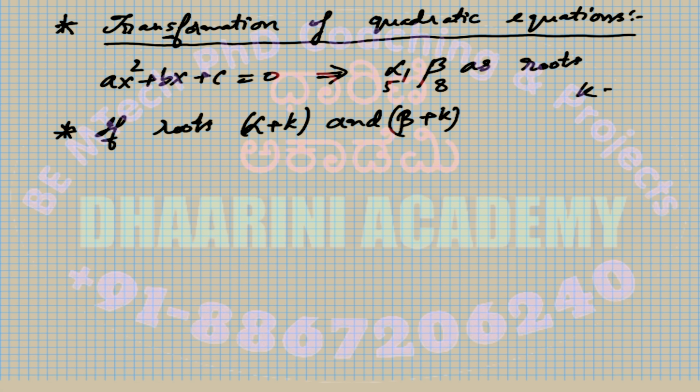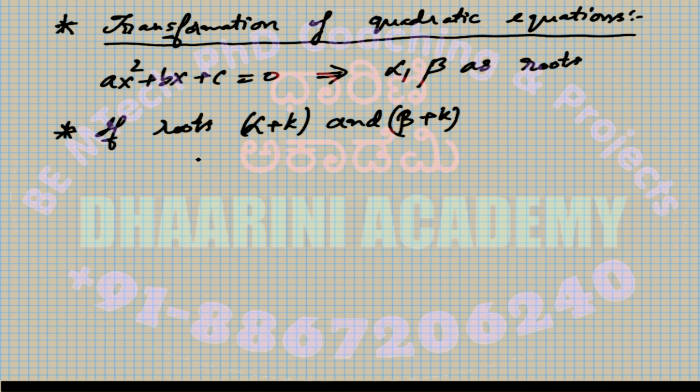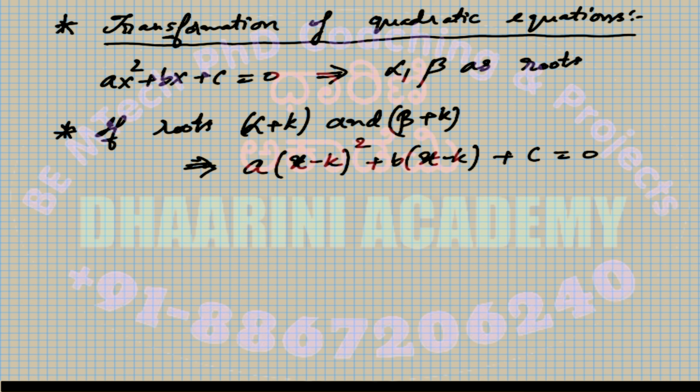If at all I want to change the roots to this, then the quadratic equation now changes to a into (x minus k) the whole square plus b times (x minus k) plus c is equal to 0.